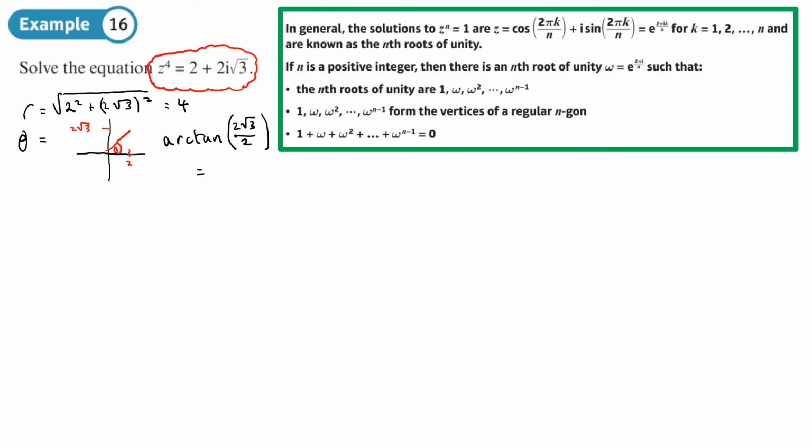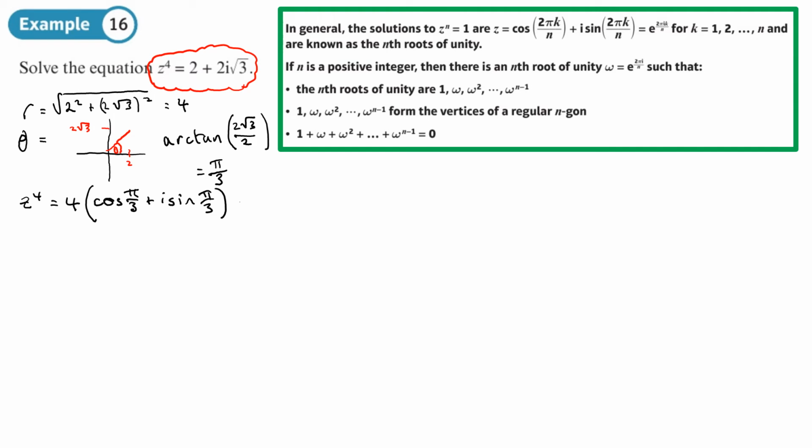And if we use the tan inverse of that on our calculator, we'll get pi over 3. So now we're ready to write our complex number in the correct form. We have r is 4, and we have cos pi over 3 plus i sin pi over 3.